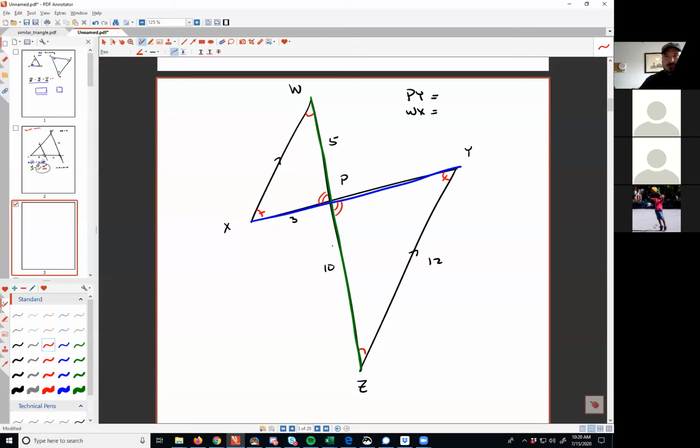Triangle PWX is similar to triangle PZY. Good. And from this, we write out our ratios.